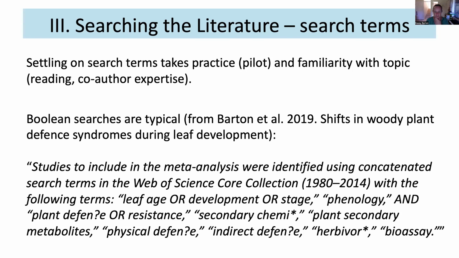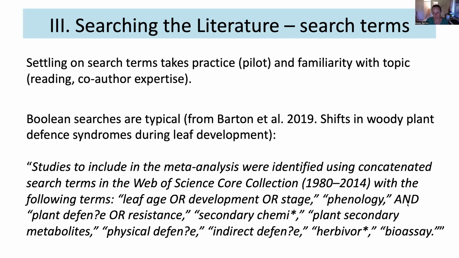So this is actually copied straight out of one of my meta-analyses. We did concatenated search terms, so Boolean searches in Web of Science core collection, covering these years. And the terms were leaf age or development or stage, phenology. So it had to include one of these kinds of words that had to do with plant development.